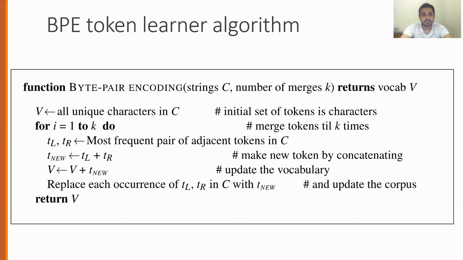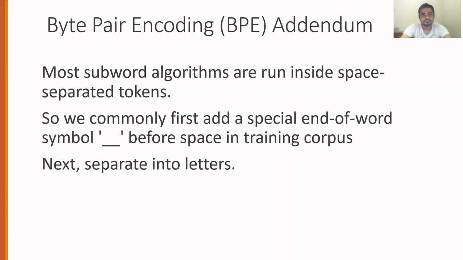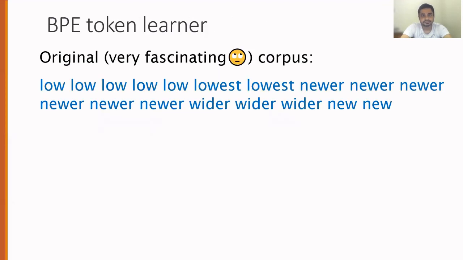And finally, we'll return the finalized set of tokens from the characters in the corpus. Most subword algorithms are run inside space-separated tokens. So we commonly first add a special end of word character symbol before space in the training corpus. Next, separate into letters.